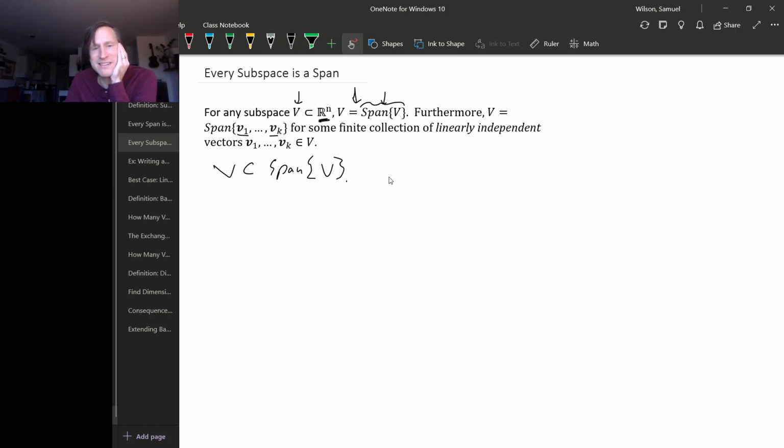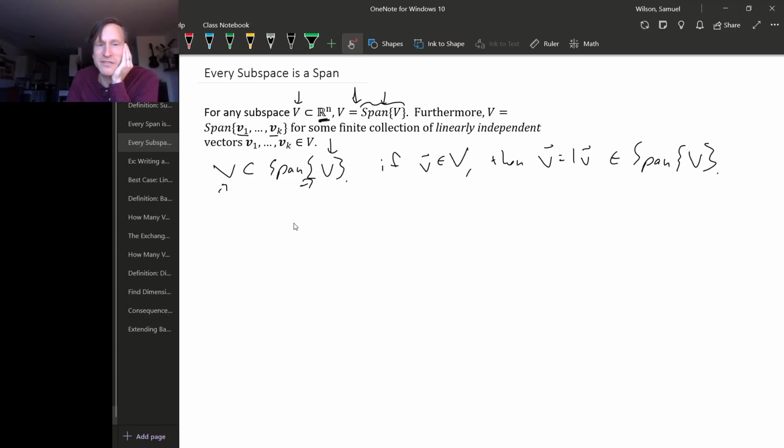Well, I hope that this is pretty clear, because if we choose little v in capital V, we can write little v as a linear combination of vectors in capital V. Right? It's just 1 times little v, but by definition, that's in the span of V. So every vector in V is in the span of V.